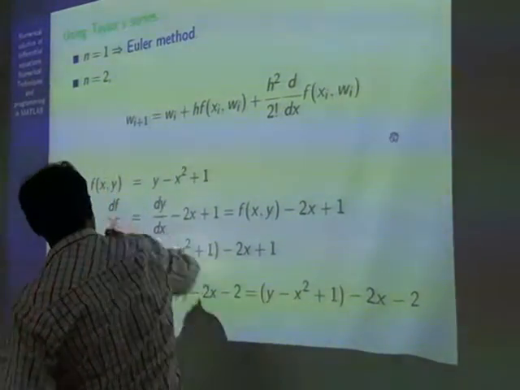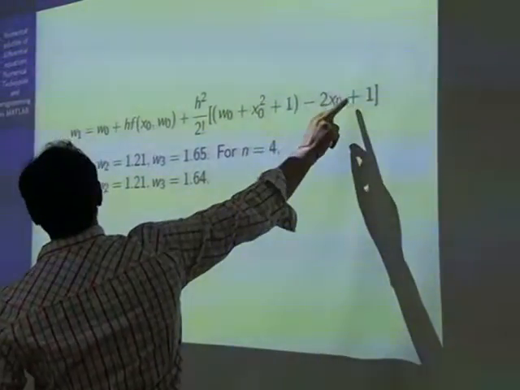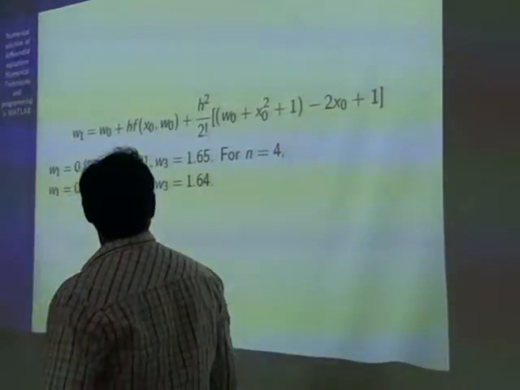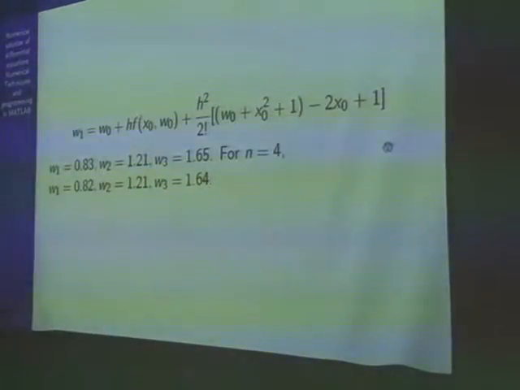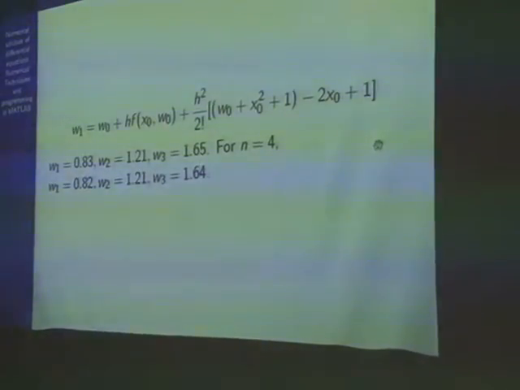If you have x, w, replace y by w. Correct? It is clear? So I got my W1, then W2, W3, etc. You can even go to n equal to 4, etc. Is it clear? Only you have to plug in the value.